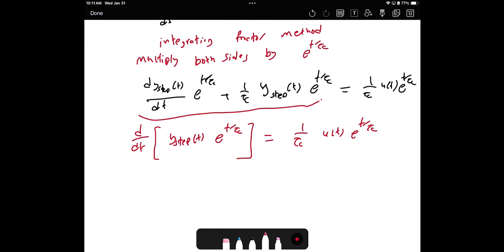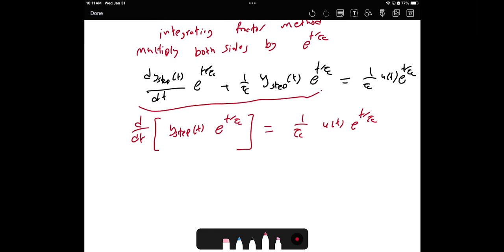Now we need to remove the derivative. Let's apply the integral the same way that we did before, to remove the derivative.